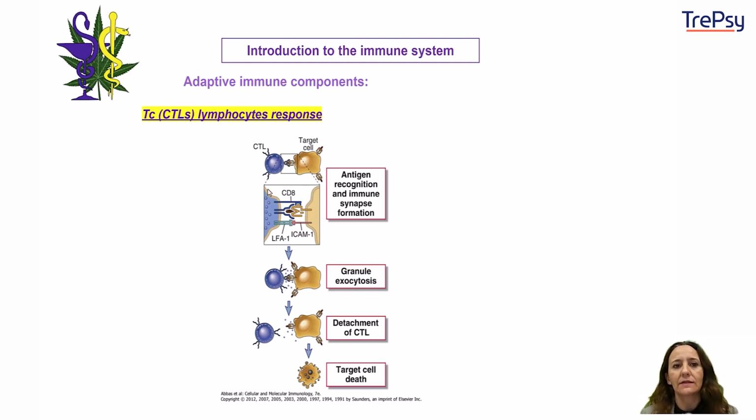So they can directly eliminate these cells in a close membrane response. And the objective of this response is the final degradation of the membrane and the apoptotic cell death of the target cell.